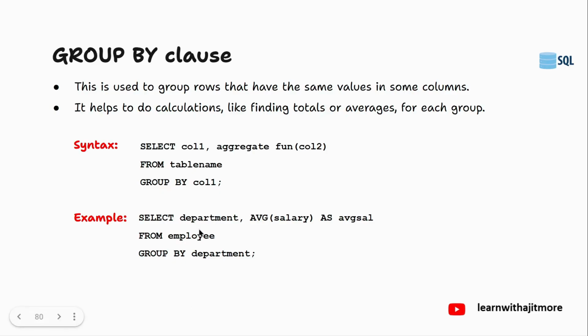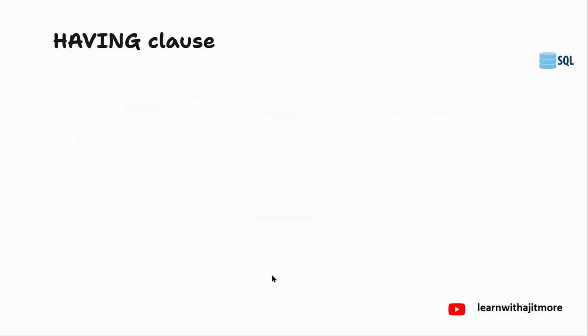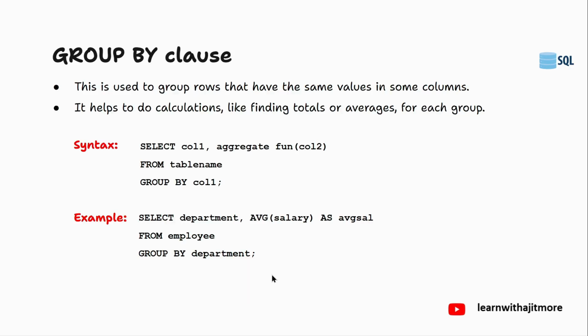Example C. Here we are displaying department wise average salary. Correct? So as many employees are there in each department, we are finding the average salary of each department. Can you see? ठीक है?